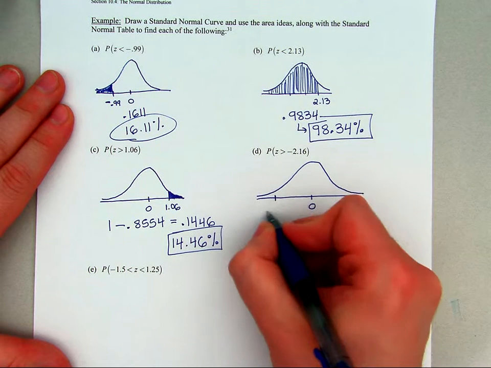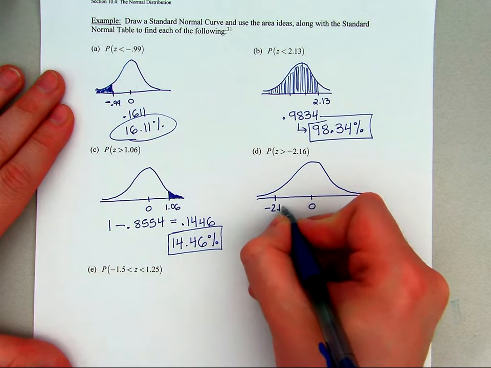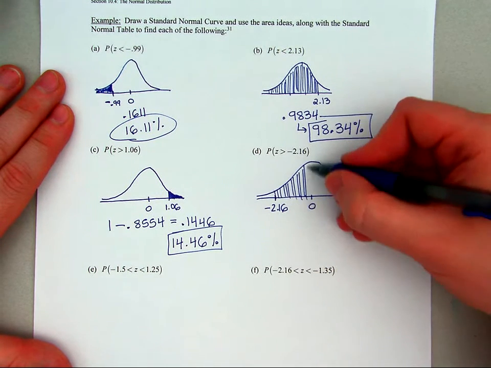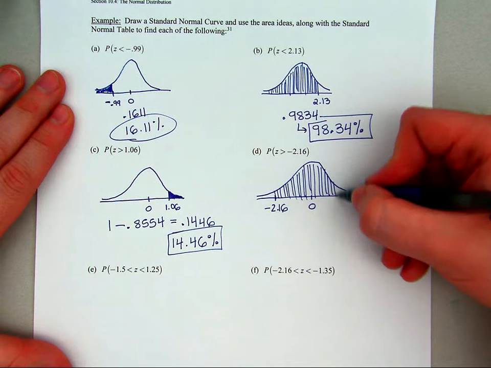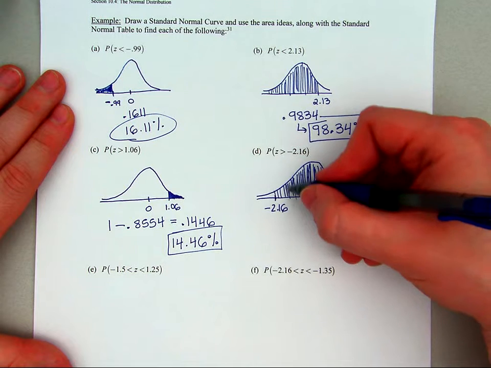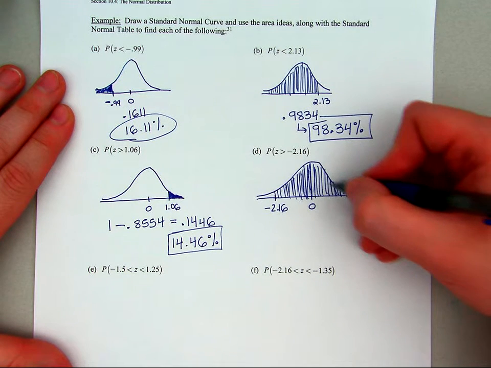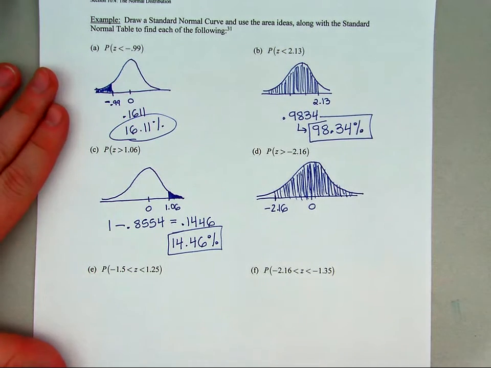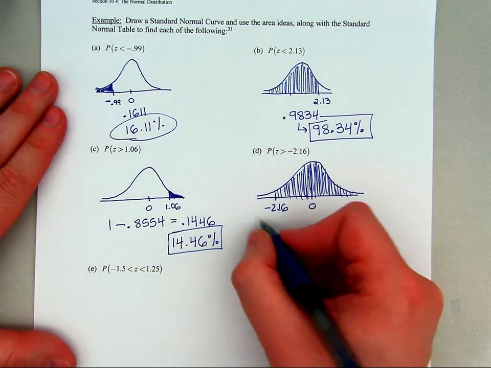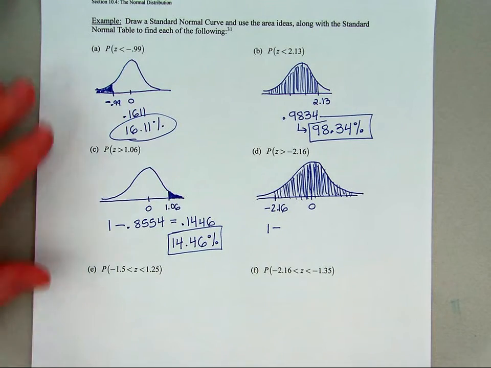Zero in the middle is our mean. I think this should be a pretty big percent because it looks like most of the region over there is shaded. 1 minus, well, the area to the left of negative 2.16.